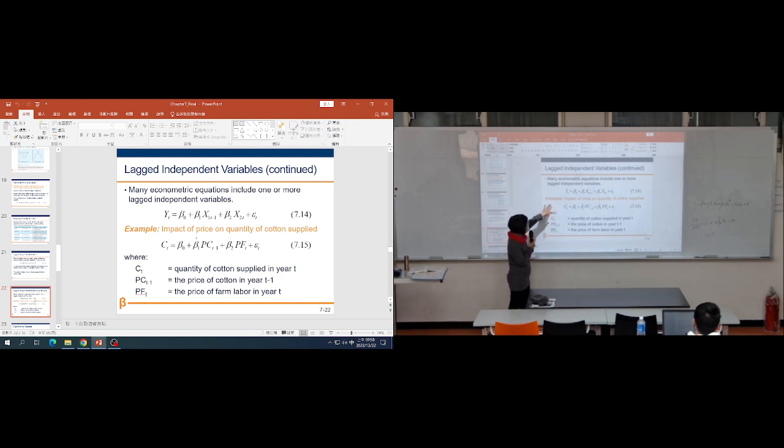This example is from our textbook. And in Taiwan too, we have many situations like this. Have you heard about our cabbage being overcropped? Since in previous years the price of cabbage was going up, a lot of farmers just produce cabbage. Then it affects this year's.